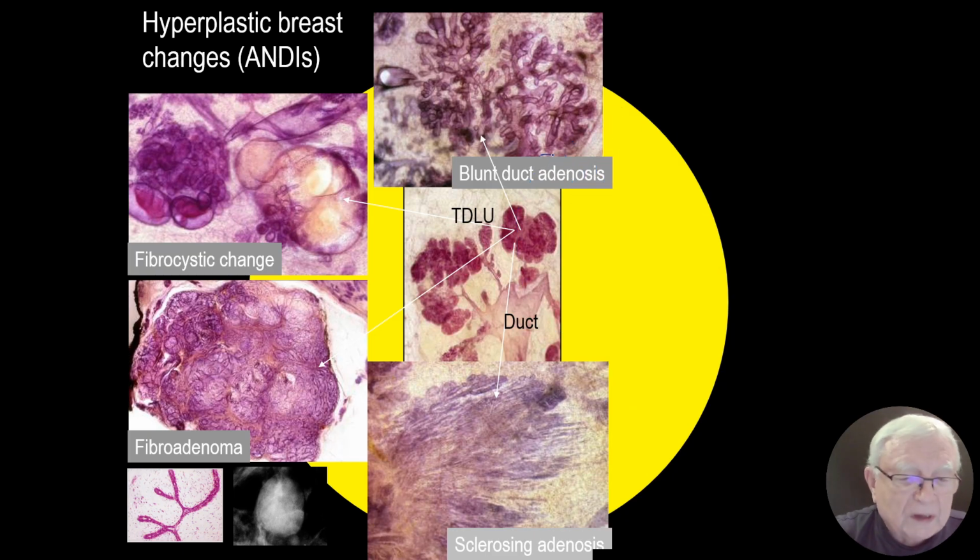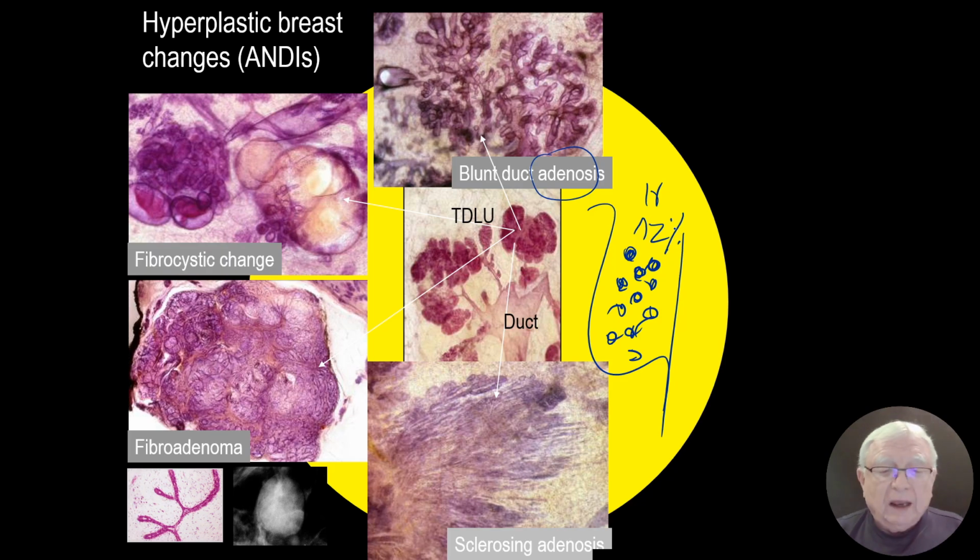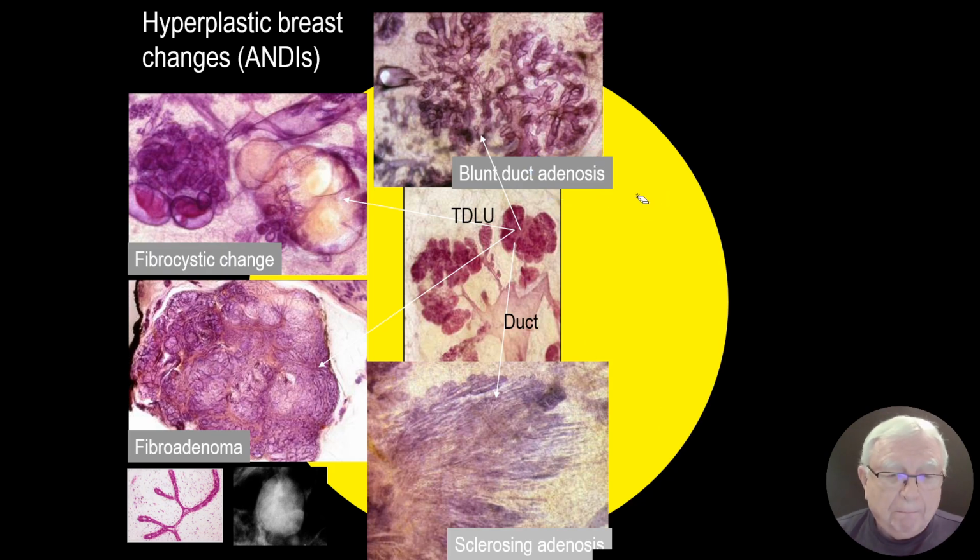So, what is simple adenosis, which we see on the mammogram? We call it pattern 4, high risk. This, like snowflakes, pattern 4 never changes. 12% of the population has it. Simple adenosis. So what is adenosis? One of the hyperplastic breast changes characterized by the hyperplasia and hypertrophy of the TDLU.